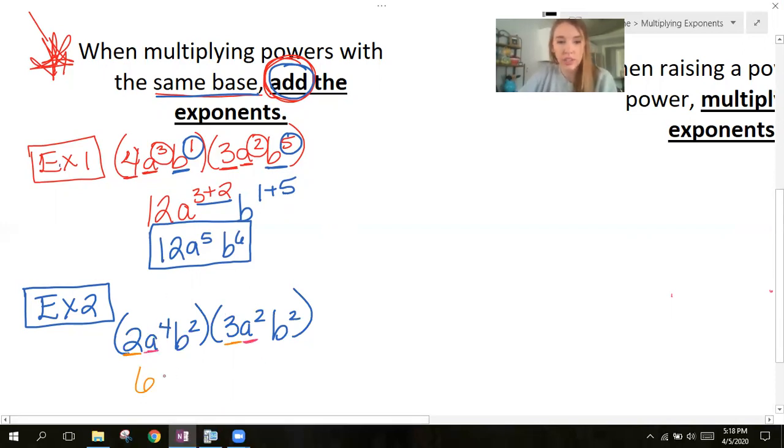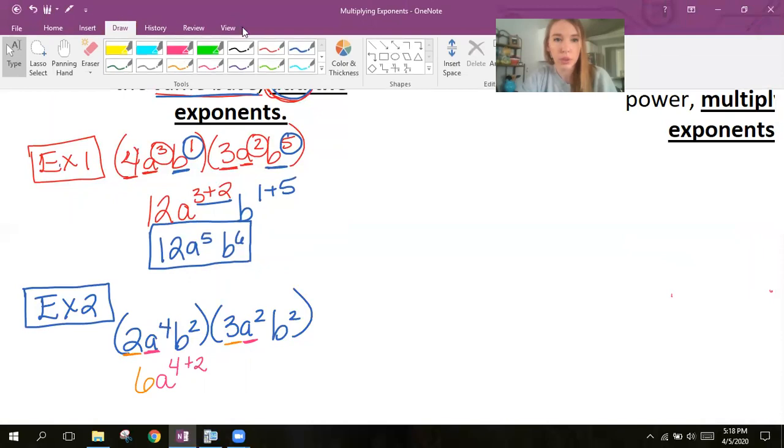I'll bring the a down, and I have a to the 4th power times a to the 2nd power. When they have the same base and you're multiplying, remember that's an important part, then you add those two exponents together. Last one, we have our b.